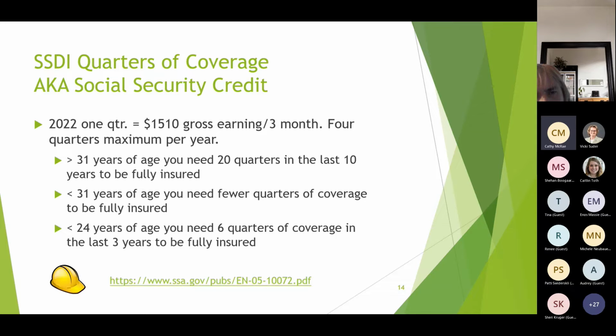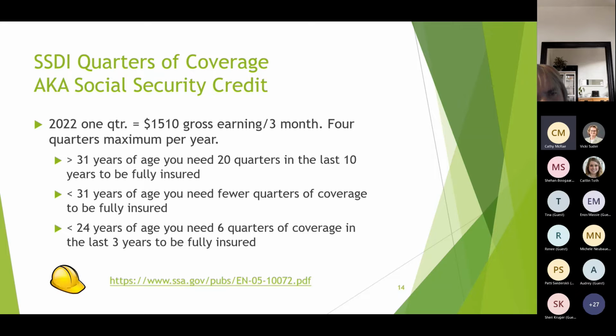So this is how SSDI looks at whether or not you've got enough work to be covered by SSDI. If you are over 31 years of age, then you have to have at least 20 quarters in the last 10 years where your gross earnings have been at least $1,510.